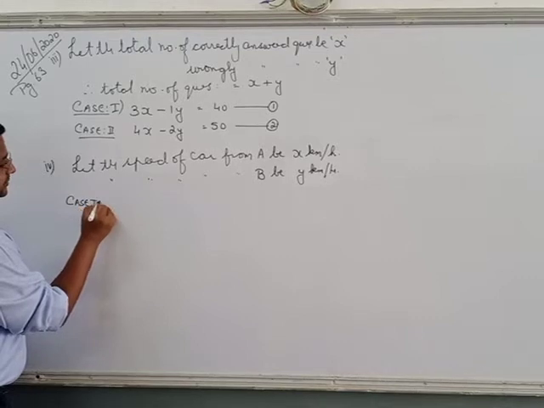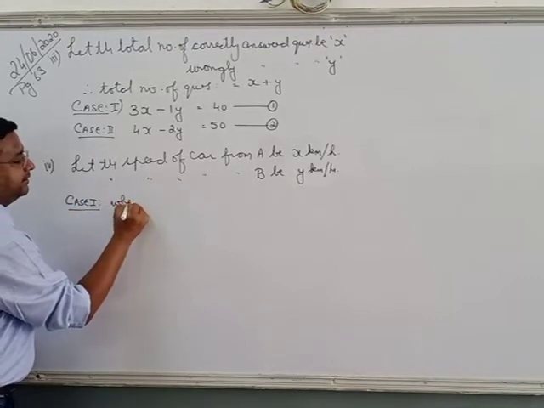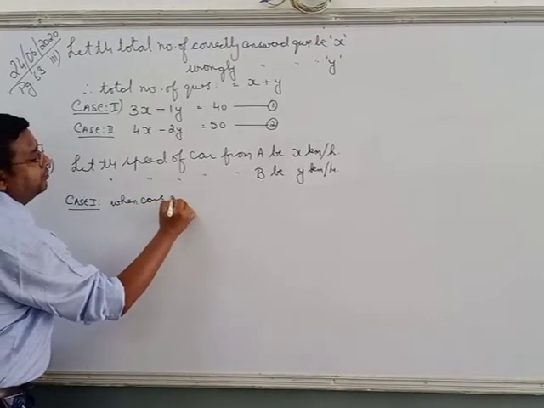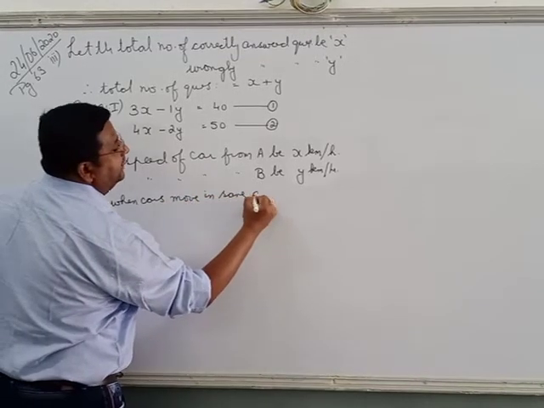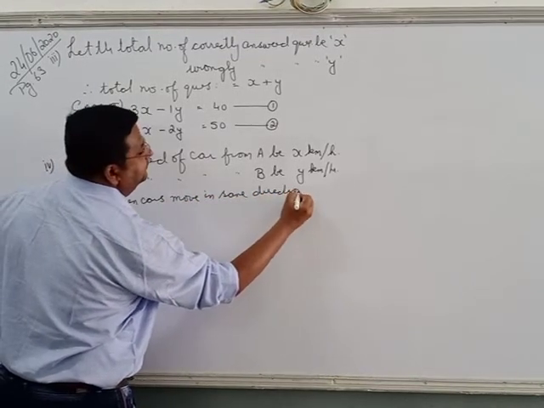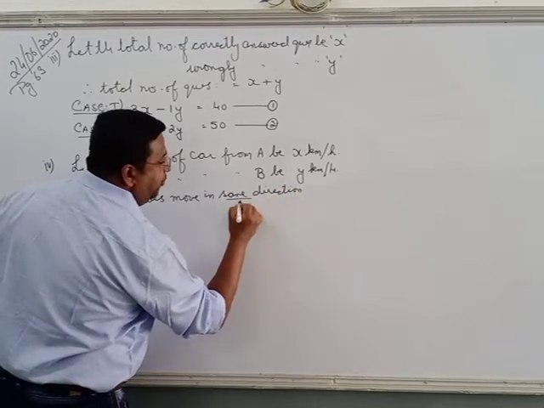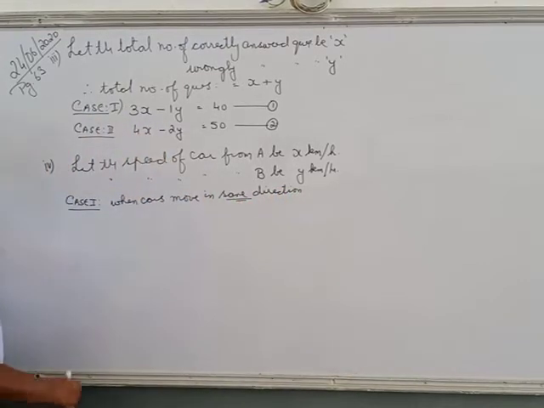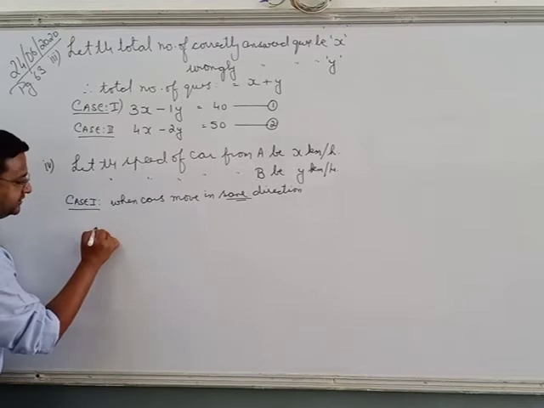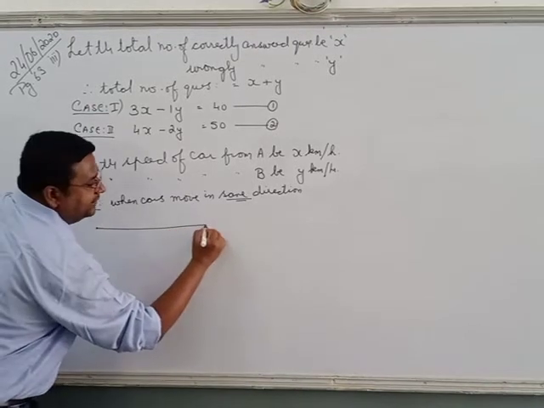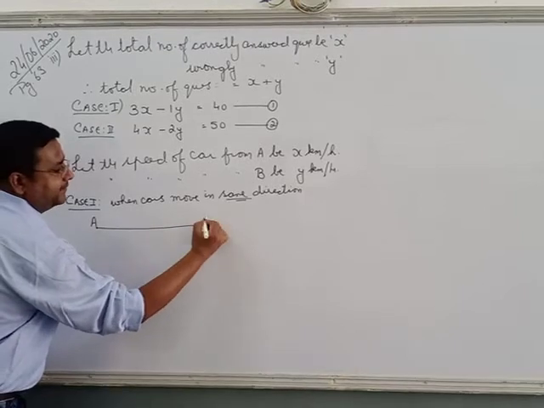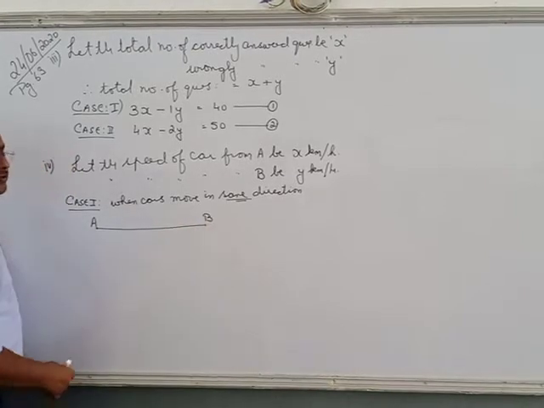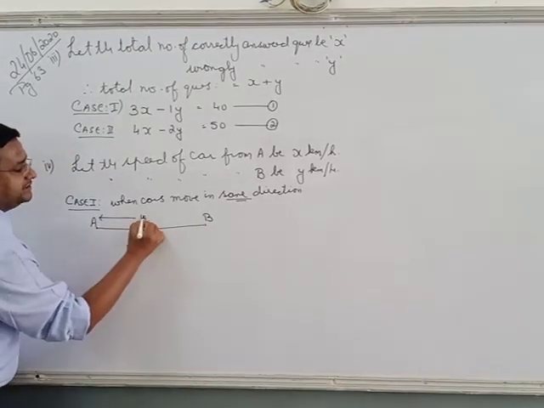Case first, when the cars are moving in the same direction. Important, same direction. That means check over here what is given. Say this is place A, this is place B. According to the question, the distance between them is 100 kilometers.